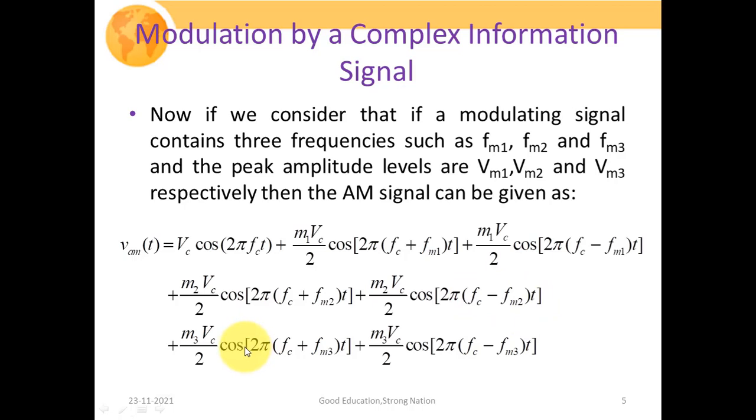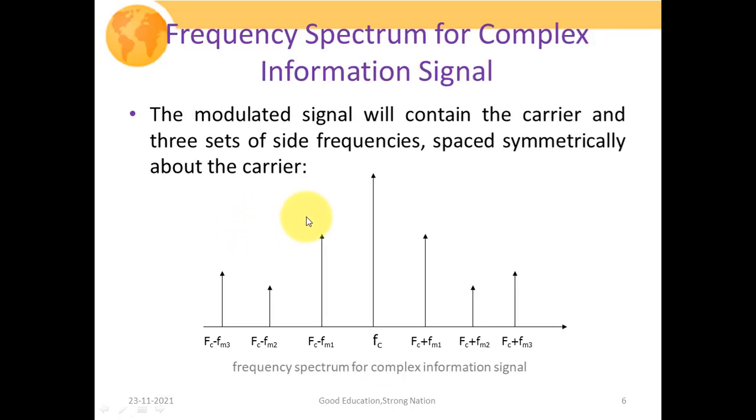Similarly, for the third frequency component, we have the upper sideband component cos 2π(fc + fm3)t, and the amplitude associated with it is m3 Vc by 2, plus m3 Vc by 2 cos 2π(fc − fm3)t. This is the lower sideband component associated with the fm3 frequency component, and this is its amplitude. So now this figure shows what the frequency spectrum of the composite information signal looks like.